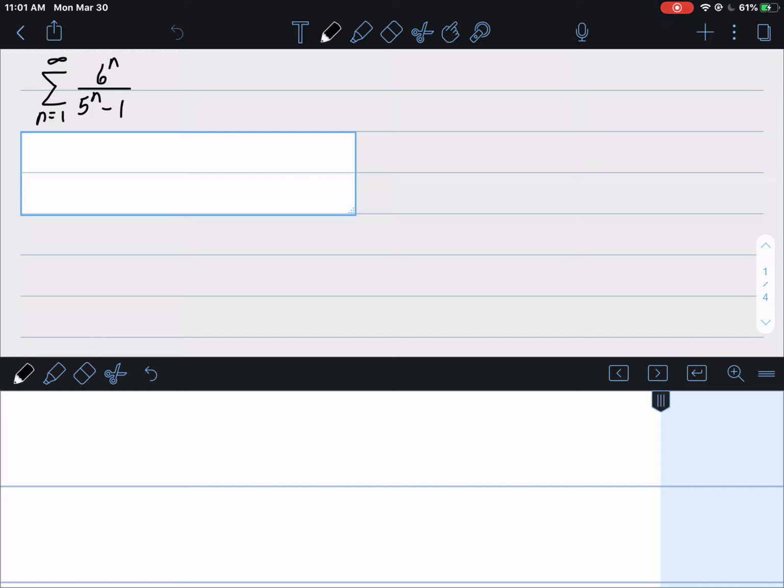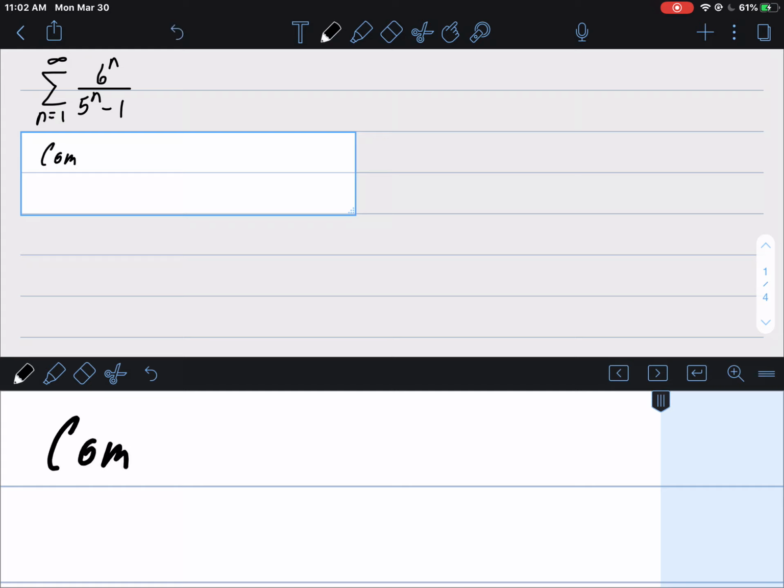I've got the sum from 1 to infinity of 6 to the n over 5 to the n minus 1. Can you recognize what series I would compare it to? There's 6 to the n, 5 to the n. What type of series should I recognize that as? That's a geometric series.